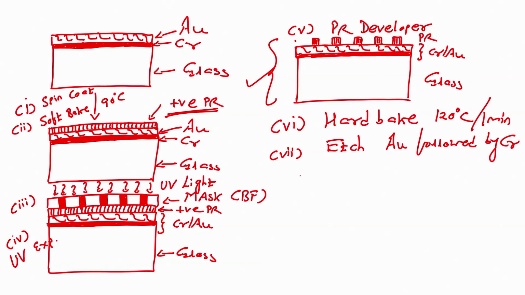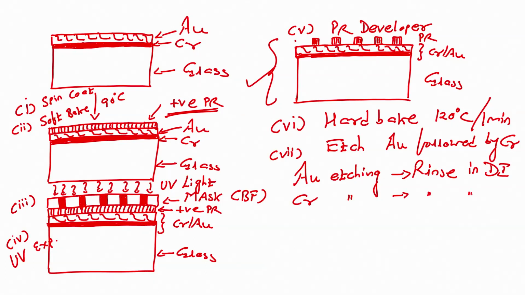So, after gold etching, you have to rinse the wafer in DI, deionized water. Then you have to perform chrome etching followed by rinsing in DI. So, when you do that, what will you achieve?